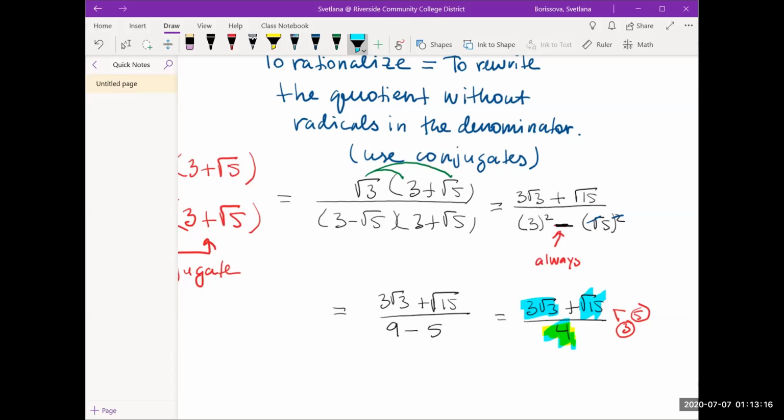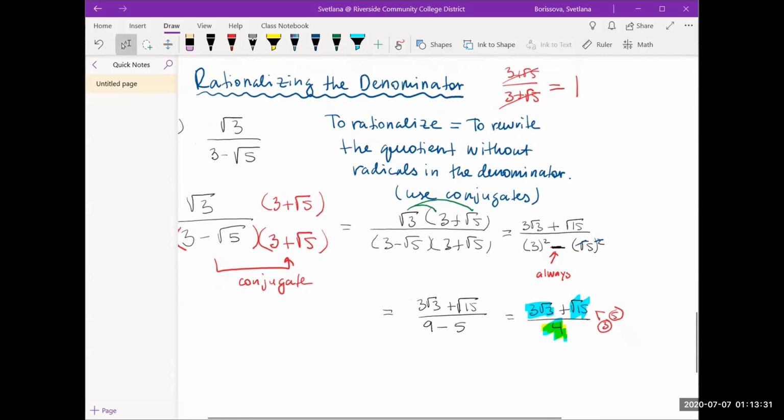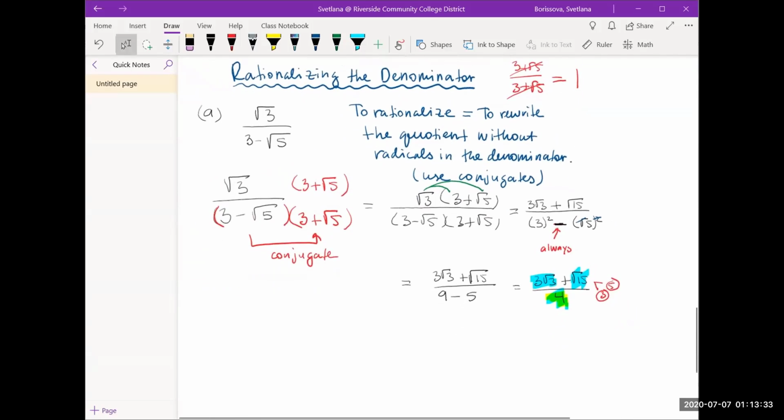But I cannot cherry pick which ones I divide. It's either all of them I'm dividing by a number or none of them, but not only two at a time. So it's all three or none. Well, we will see that somewhere in the next example.